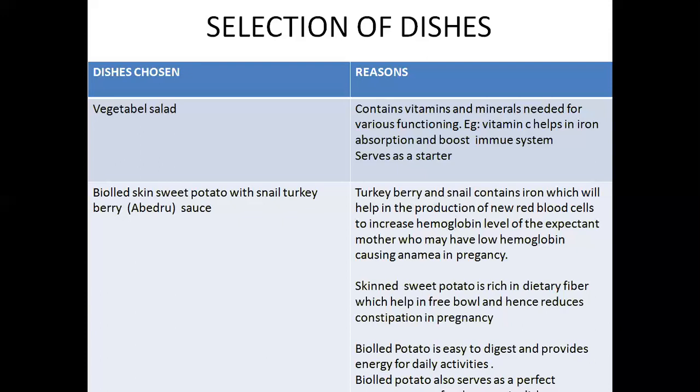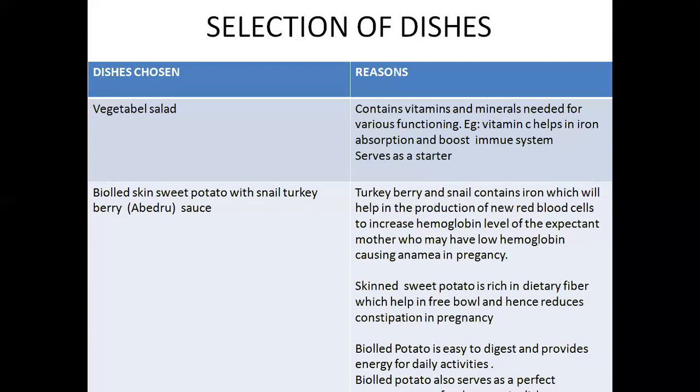Now I have my boiled skin sweet potato with snail turkey berry, that's abedru sauce. My reason for choosing this dish is that turkey berry and snails contain iron, which will help in the production of new red blood cells to increase the hemoglobin level of the expectant mother who may have low hemoglobin, causing anemia in pregnancy.